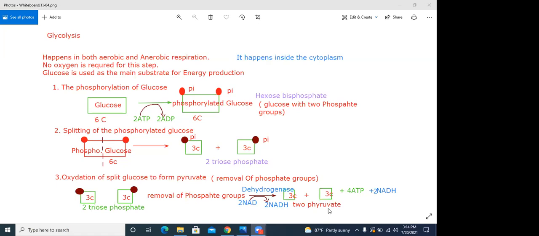Dehydrogenase means removal of hydrogen. That is the purpose of dehydrogenase. That converts the 3-carbon triose to 2 pyruvates. Okay, so that's the end of glycolysis.